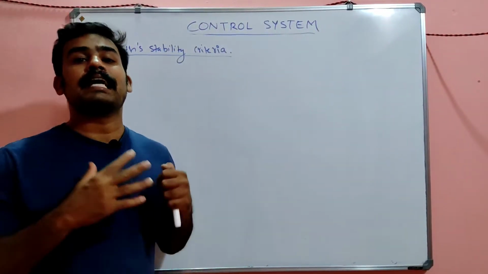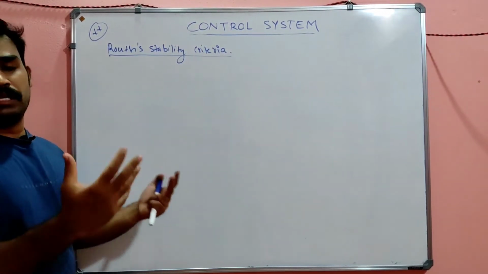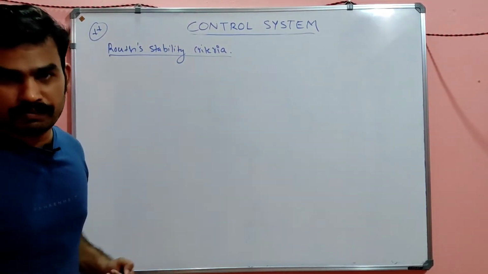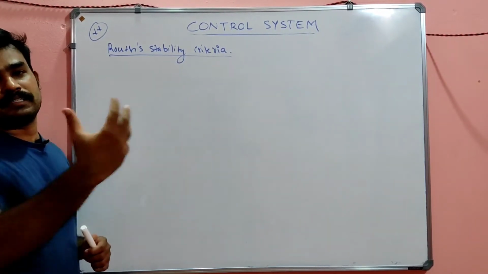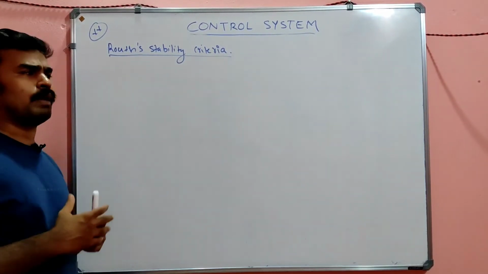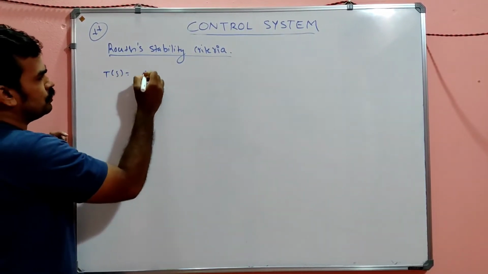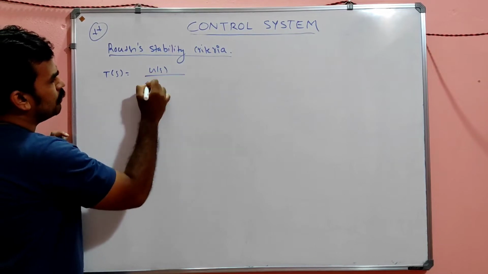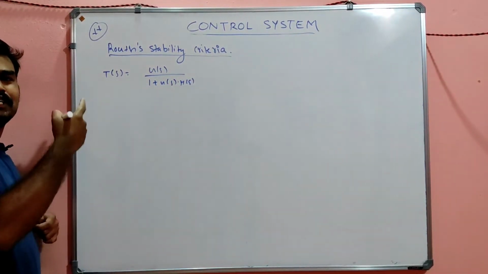Here we are using the transfer function in order to predict the stability of the system. We are using the characteristic equation of the transfer function. So what is the characteristic equation? Suppose the transfer function is T of s equal to G of s divided by 1 plus G of s into H of s, right? It's a closed loop with negative feedback system.